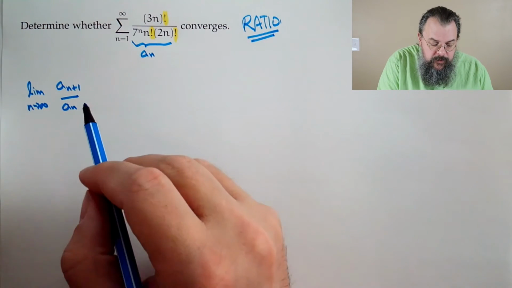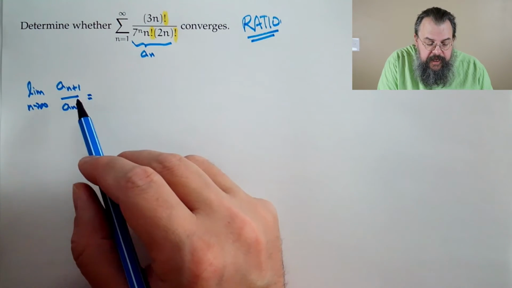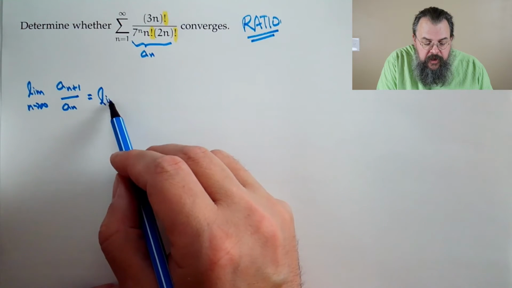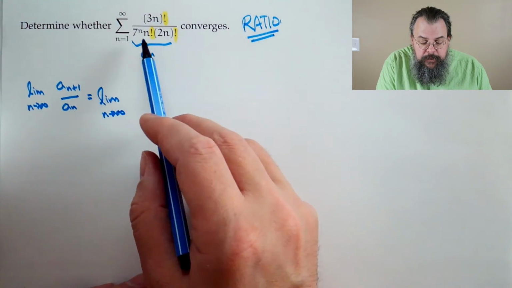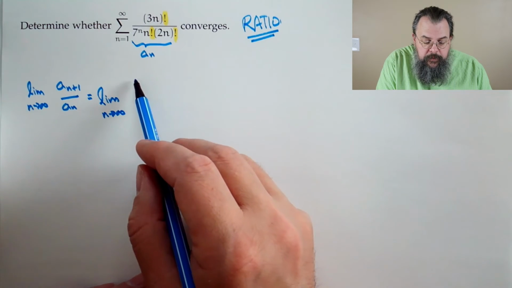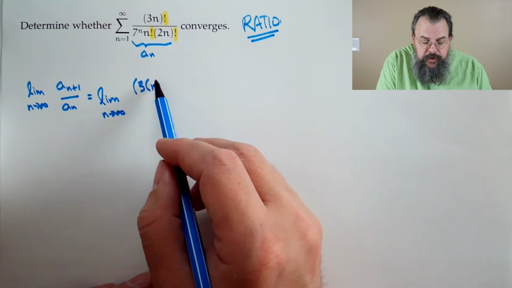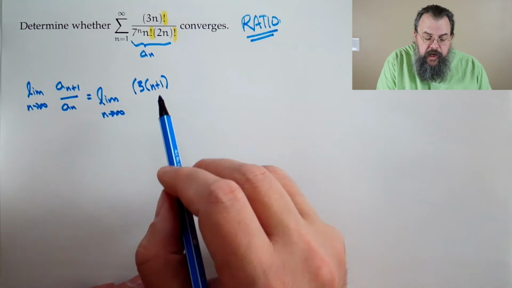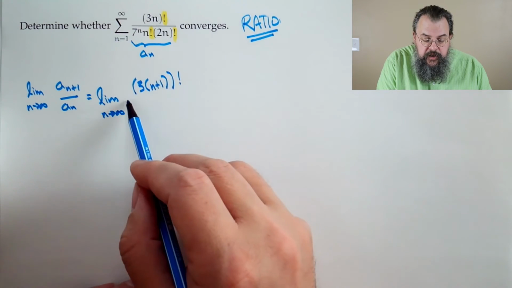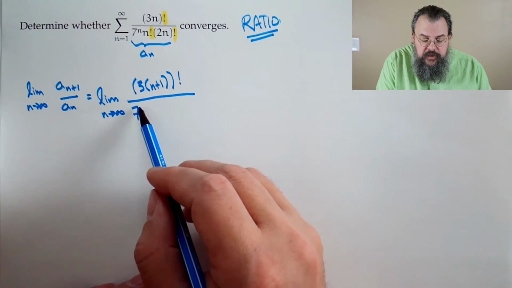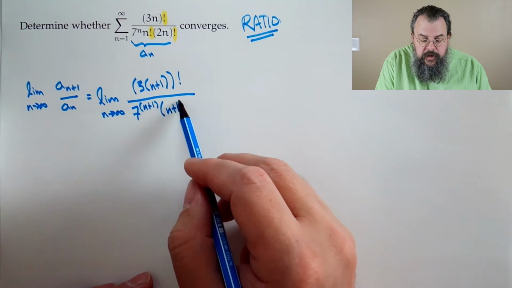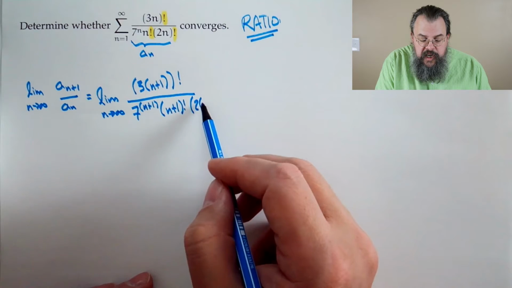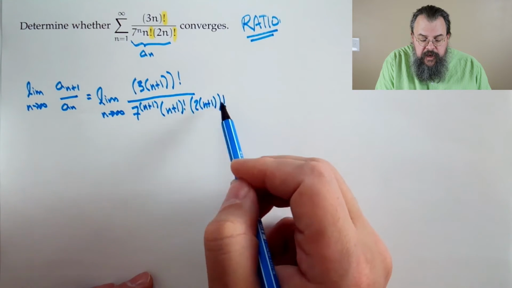So, when we write down the a sub n plus 1, what we'll do is, everywhere we see an n, we're going to put n plus 1, and we're going to use our parentheses just to make sure we don't lose anything. So 3 times (n plus 1) factorial, 7 to the (n plus 1), (n plus 1) factorial, 2 times (n plus 1) factorial.